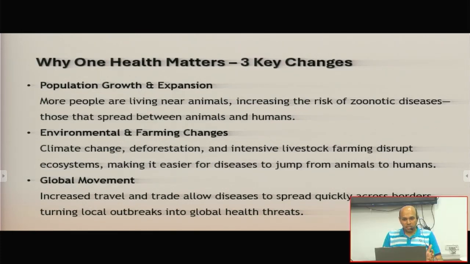Three changes: population growth and expansion. More people are living near animals, because sometimes we see that as the population is increasing, in the previous days people didn't live that much on the rural side. But pretty sure now everyone knows in major cities, the suburban areas are getting filled very quickly, right?